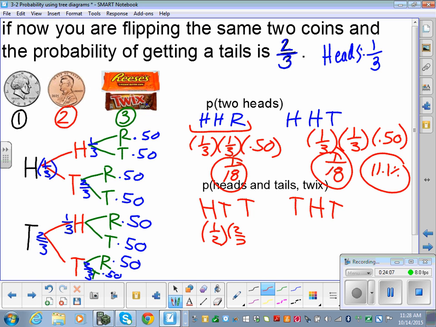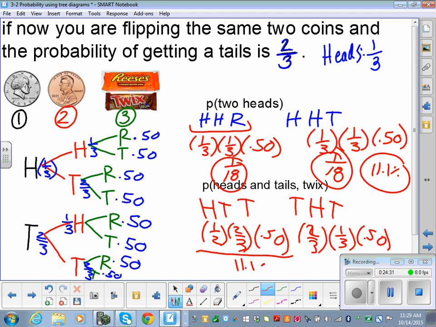And the probability of getting a Twix is 0.50. Probability of getting a tails is 2/3. Probability of getting a heads is 1/3. Probability of getting a Twix is 0.50. So if you type that into your calculator for this piece, you're going to get 11.1%. You type this in, you'll get 11.1%.